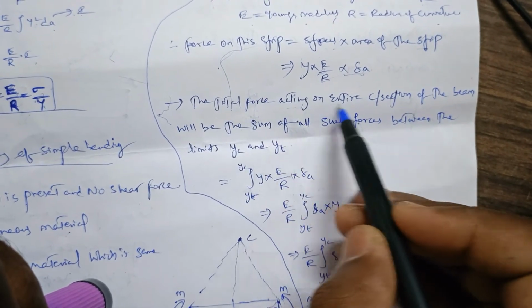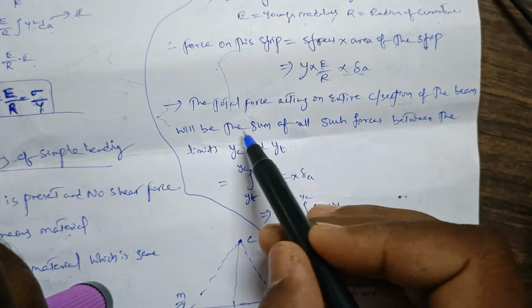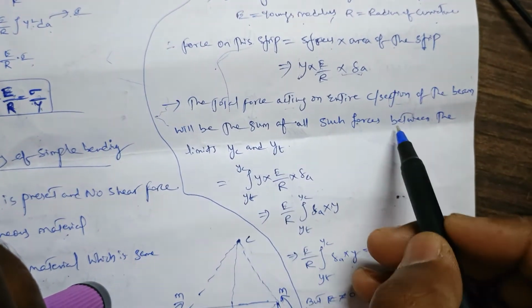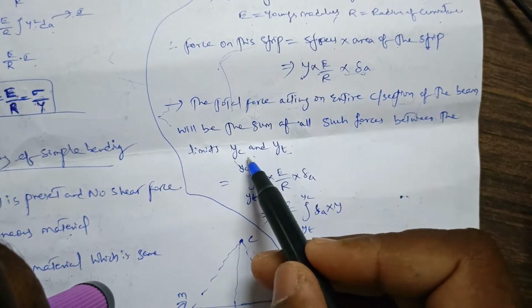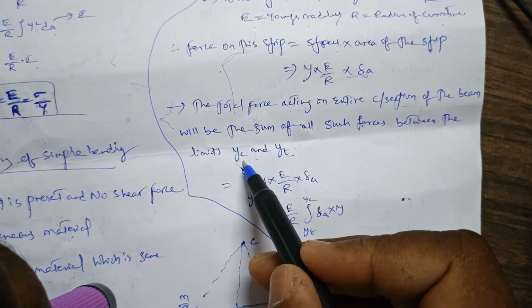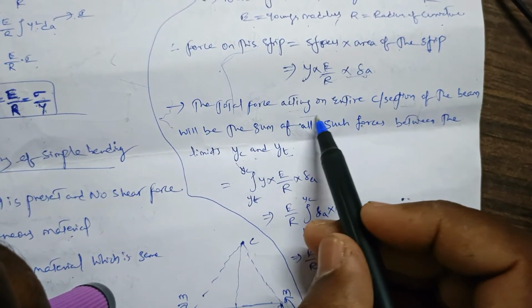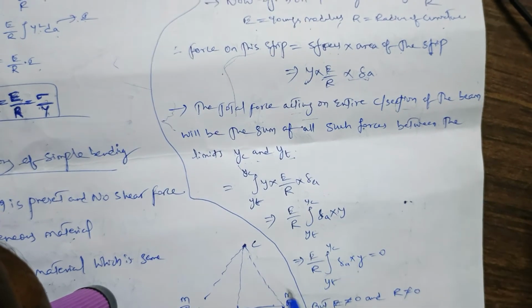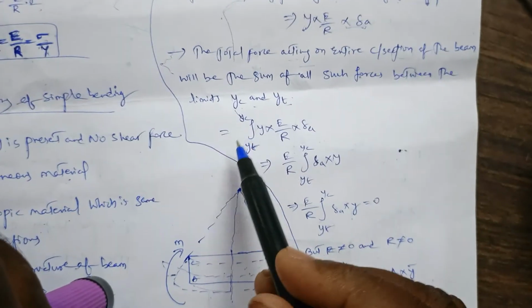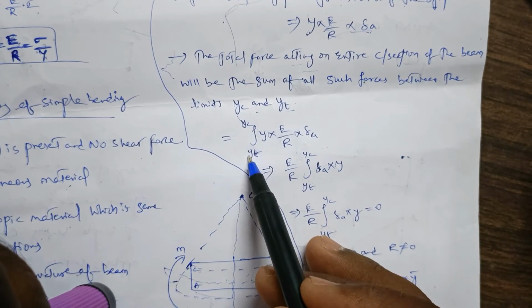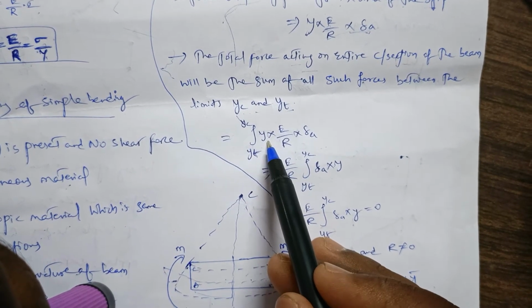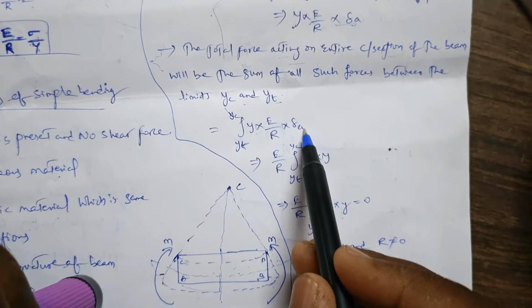So the total force acting on the entire cross section of the beam will be the sum of all such forces between the limits yc and yt, that is, between compression and tension. It is equal to the integration from yc to yt of y into E by r into sigma a.